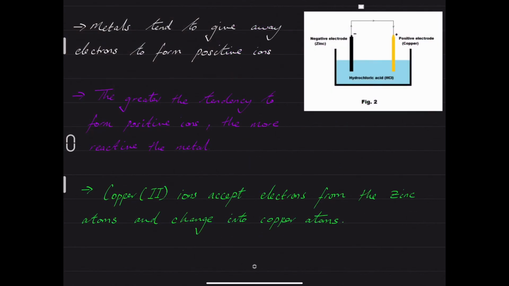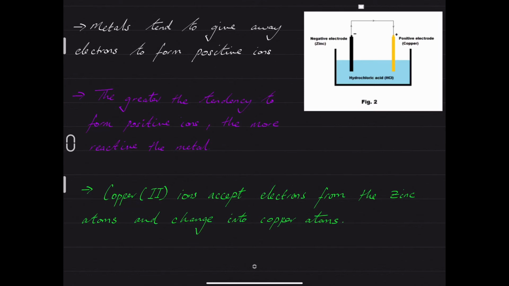So the reason that we have this electrical cell working in this manner is because metals tend to give away electrons to form positive ions. Now, the greater the tendency, or the greater the capability of the metal to form positive ions, i.e. give away electrons, the more reactive the metal is.